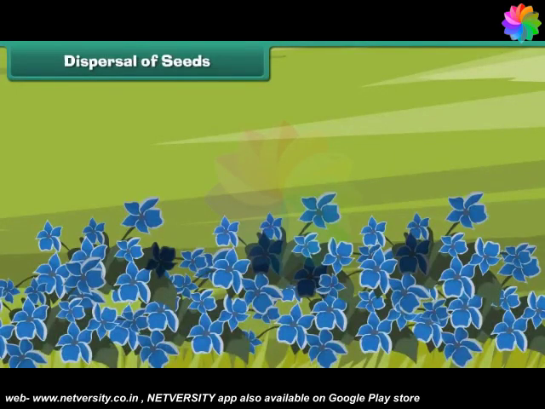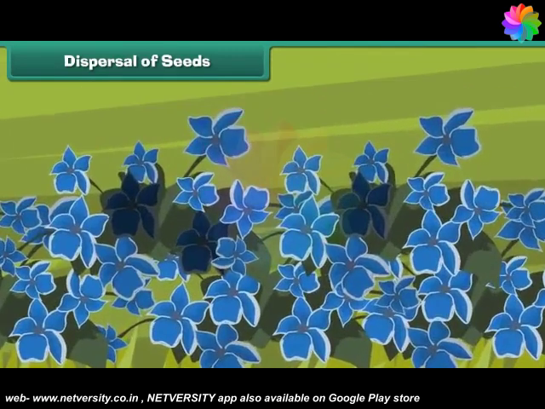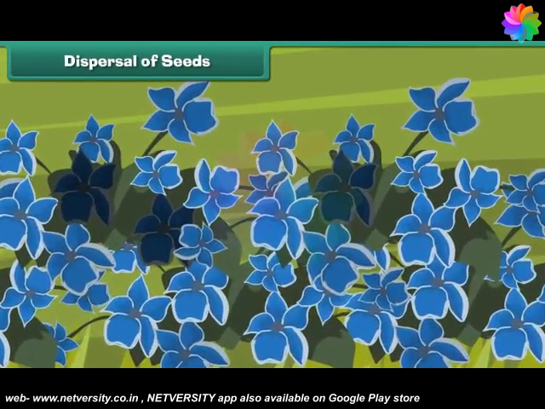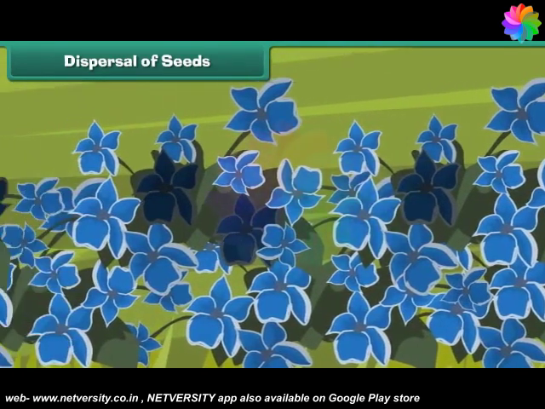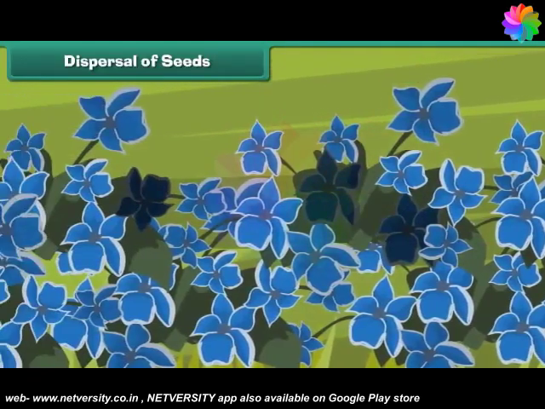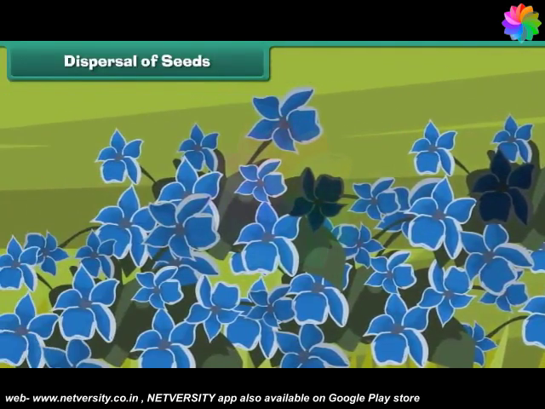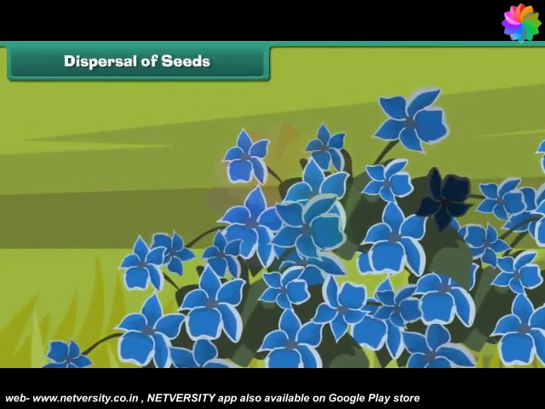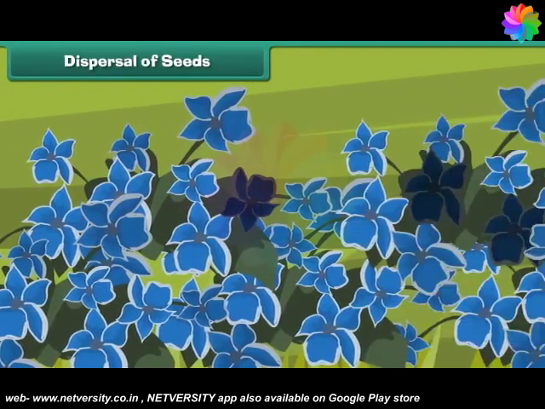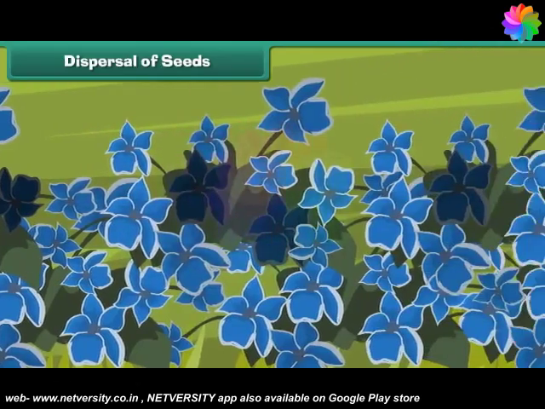Dispersal of seeds. What will be the condition of an area where all the seeds are grown near the parent plants? There will certainly be a shortage of space, water, minerals and sunlight, so all the plants will not grow properly. Most of them will naturally die.